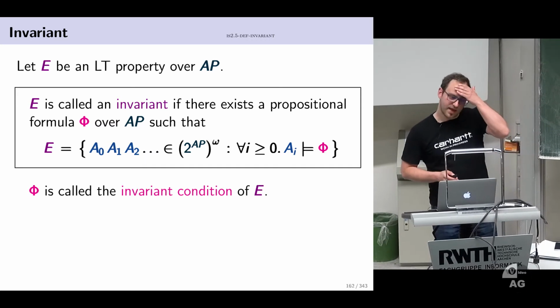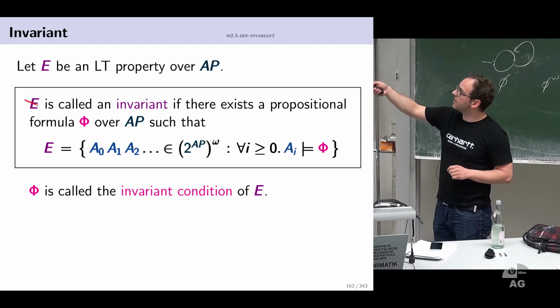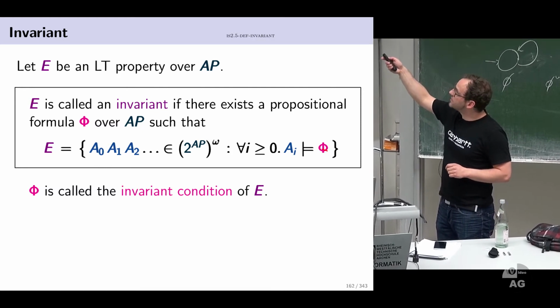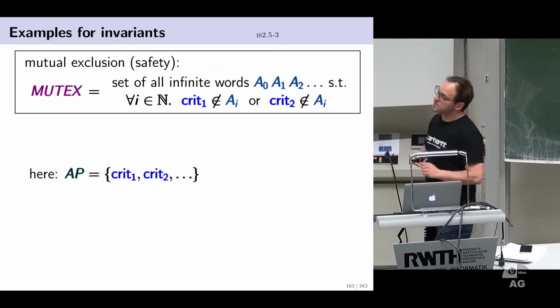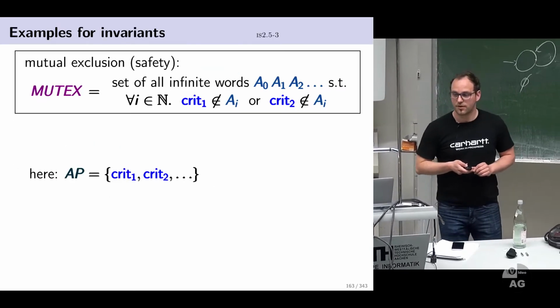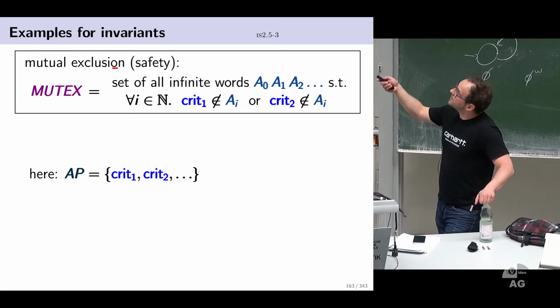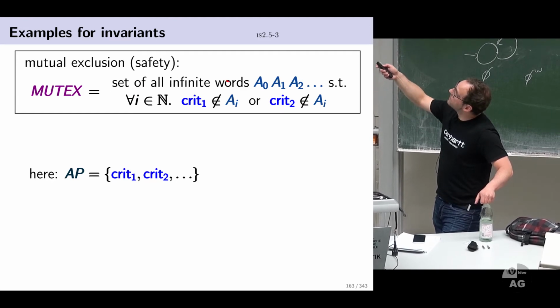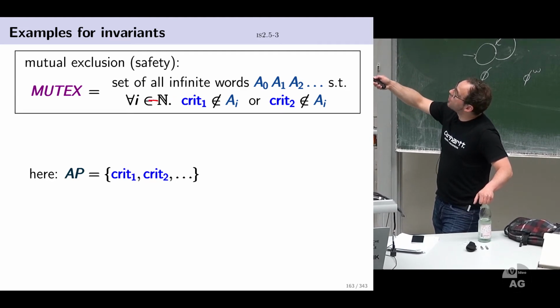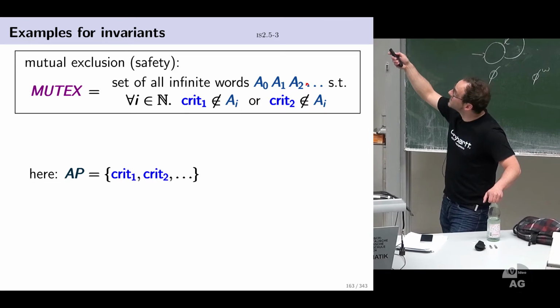Okay, and if we can write a linear time property like this, we call it an invariant, and we call this formula phi the invariant condition of E. So let's look at an example we already had on the slide. Mutual exclusion: that was the original definition, saying it contains all infinite words such that at no point in time do we have crit 1 in one of the labeling sets and at the same time crit 2 in the same labeling set.